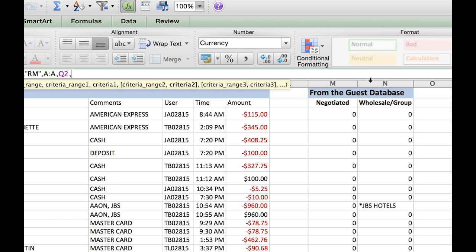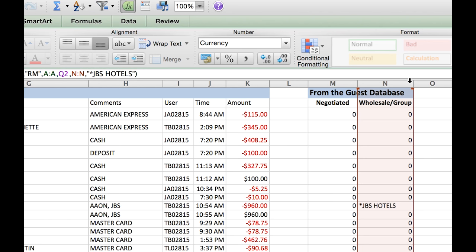So how do I reflect this in Excel? Well, remember this group/wholesale column I was showing you? In the previous two segments, we didn't care about them, so we made the restriction 0. But for this one, we do care about it because we want to capture every transaction that comes from JBS Hotels or Marilink. So our restriction for the column is JBS Hotels and Marilink.